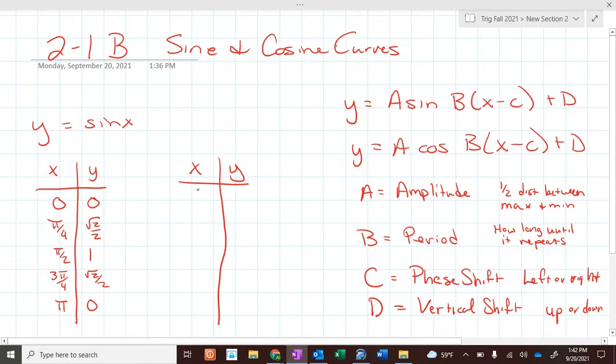What's the sine of 5 pi over 4? Negative square root of 2 over 2. What's the sine of 3 pi over 2? Negative 1. 7 pi over 4? Negative square root of 2 over 2. And 2 pi. We're back to 0 again.